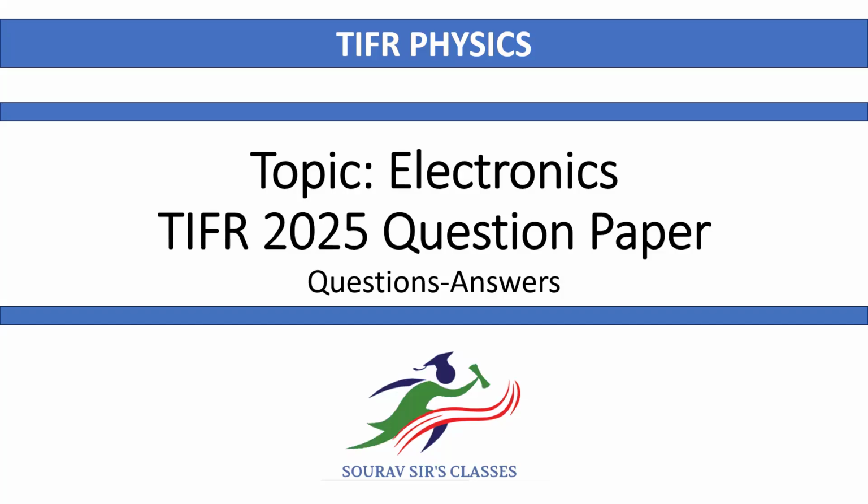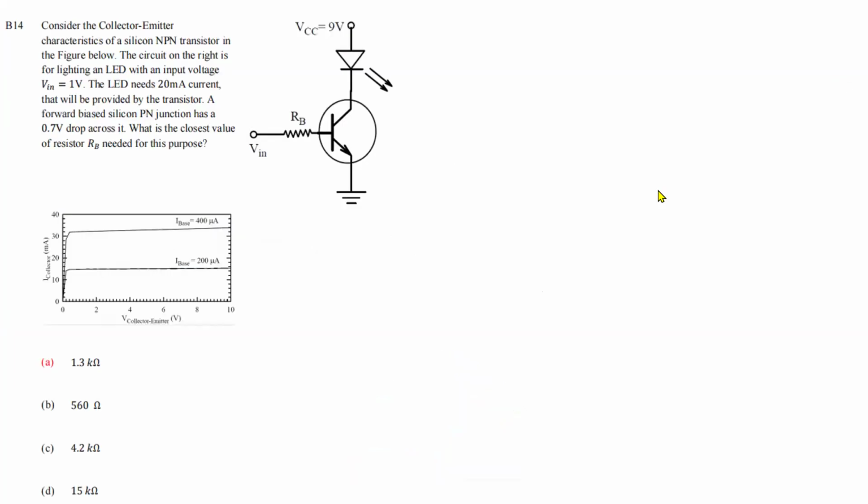Hi, let us solve one problem from electronics of TIFR 2025 question paper. The problem states: consider the collector emitter characteristics of a silicon NPN transistor in the figure below.